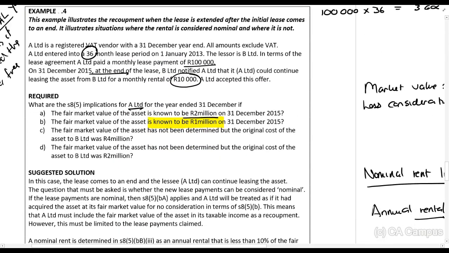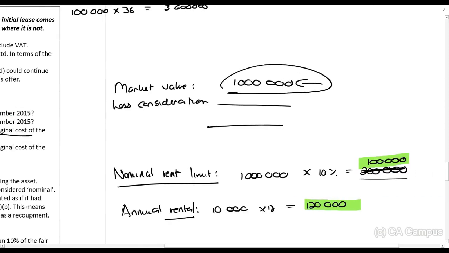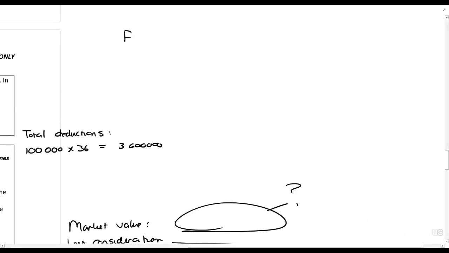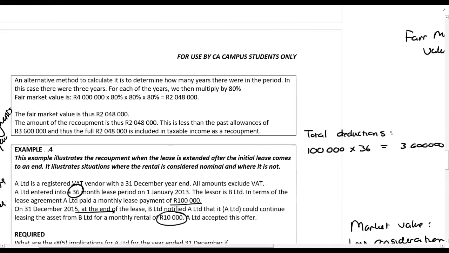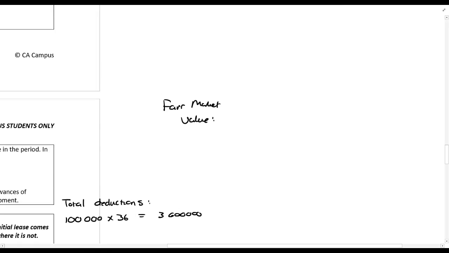See? Now I just change it a little bit and I say, what happens if the fair market value of the asset has not been determined, but the original cost was 4 million rands? So all we're saying is this market value, we don't know what it is. Now remember, if you don't know what the market value is, how do you determine what it is? Sorry, the original cost was 4 million rands, and we had it for 3 years. So times 80% for year 1, times 80% for year 2, times 80% for year 3.